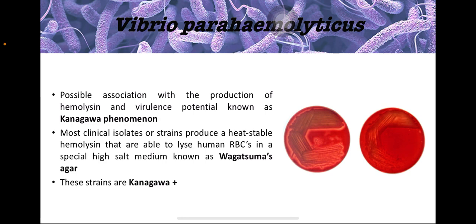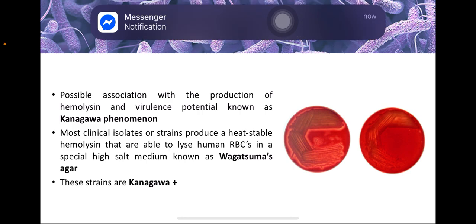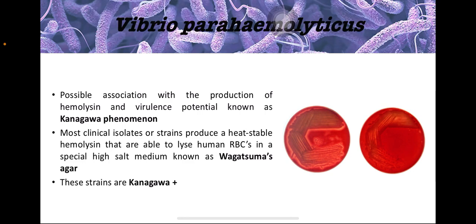In which this hemolysin can lyse human RBCs in your Wagatsuma agar, which is a high salt medium. And if hemolysis occurs, then this type of organism which is present on your agar is Kanagawa positive.